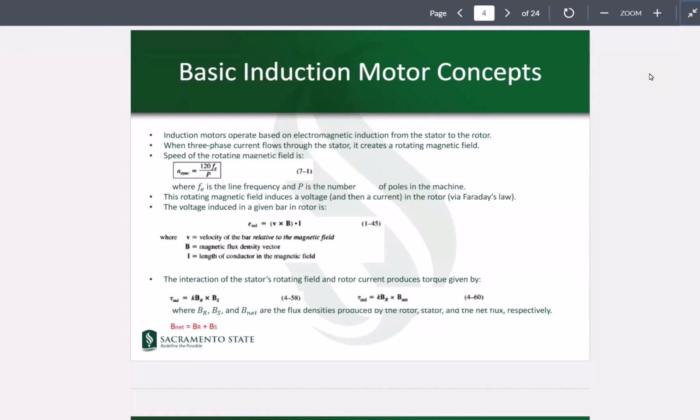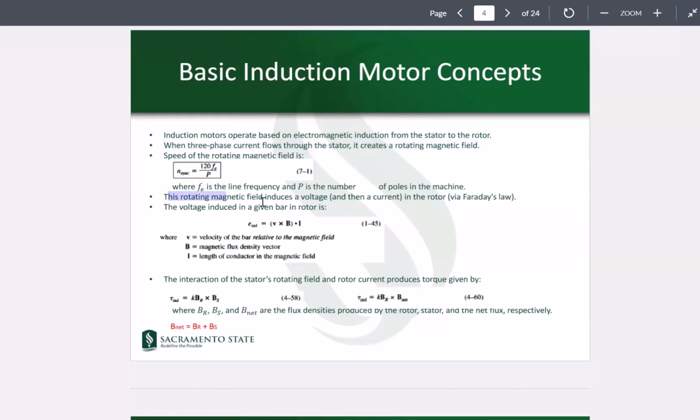Now, the whole concept of the operation of this machine is based on electromagnetic induction from stator to the rotor. So let's deal with induction motors. When three-phase currents are flowing through the stator, they will create a rotating magnetic field, which we saw, right? The speed of that rotating magnetic field would be based on equation 7.1.